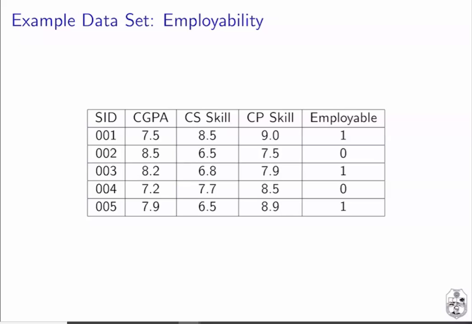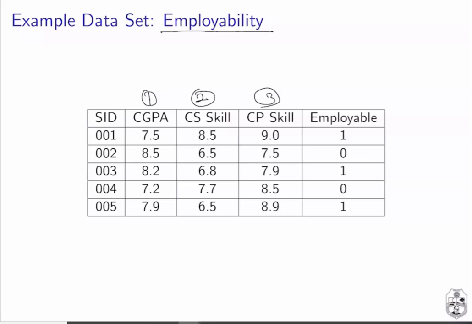To explain the working of these two different classifiers, I will be using an example data set of employability that we have already seen, in which there are three input features called CGPA, communication skills marks, and computer programming skill.